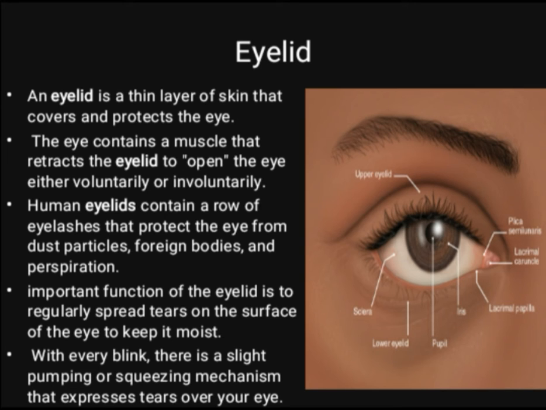The eyelid contains muscles which are controlled either voluntarily or involuntarily. The human eyelid has eyelashes to protect, as I told you. Another important function of the eyelid is to spread tears for the nourishment of the cornea, otherwise it will dry up and you can feel like it's hurting or paining in the eyes. It's called dry eye disease. We are going to discuss it in another video.